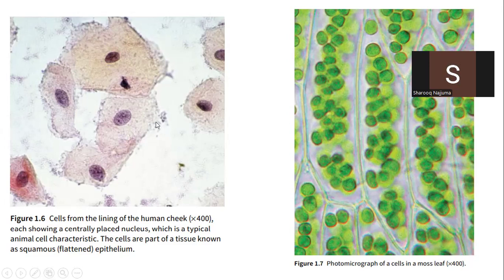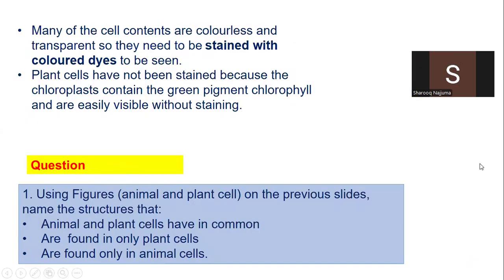So when staining specimens for viewing in a light microscope, special dyes are used, colored dyes. So colored dyes are used for staining in light microscopy. If you're observing images using a light microscope, you're going to use colored dyes to stain.